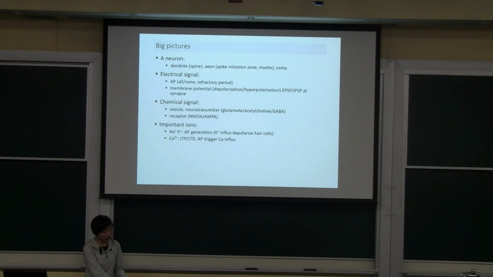When I talk about NMDA, I'm talking about at the synapse or at the dendrite. And in this case, action potential is usually generated at the axon or somewhere near the soma. Right? I forget how calcium works in LTD.